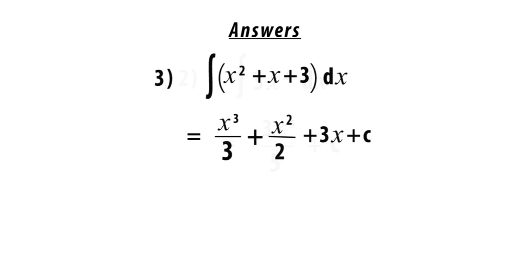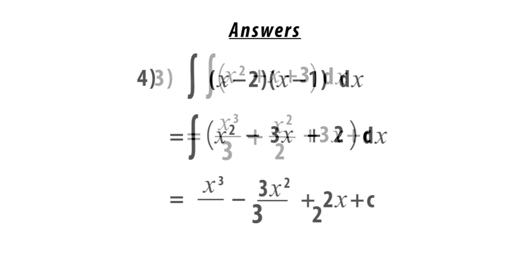3. The integral of x squared plus x plus 3 dx is equal to x cubed divided by 3 plus x squared divided by 2 plus 3x plus c. In that case, you integrated term by term, and you don't have to forget your c. 4.